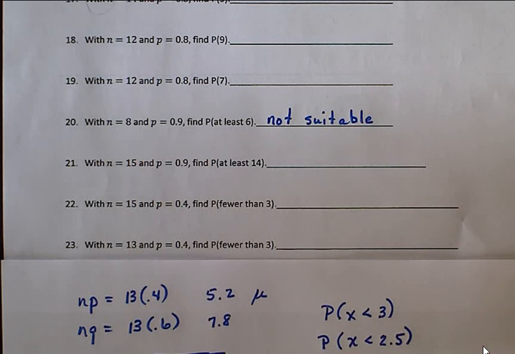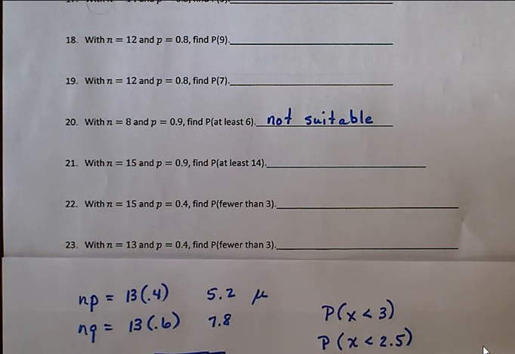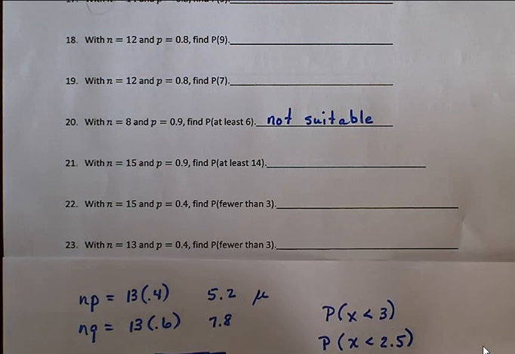Okay, so I'm doing a less than problem, which will make that part of it a little bit simpler. Okay, so what I'm going to do now is use the z-score formula, and 2.5 minus my mean is 5.2 divided by 1.76.